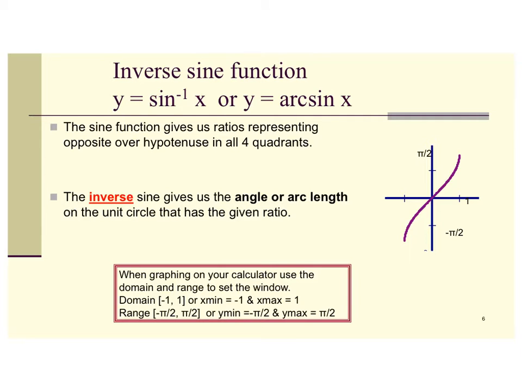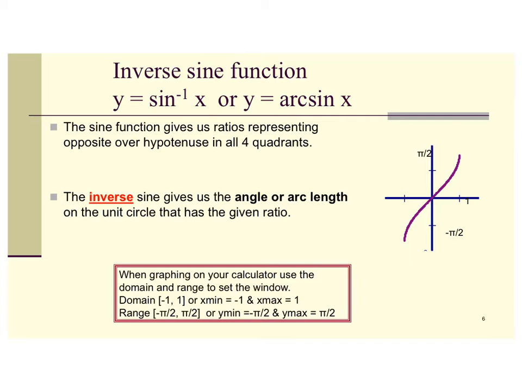Okay, so inverse sine is either sine to the minus 1 or arcsine. The sine function gives us ratios representing the opposite over the hypotenuse in any of the four quadrants. The inverse sine gives us the angle or arc length on occasion on the unit circle that has the given ratio.